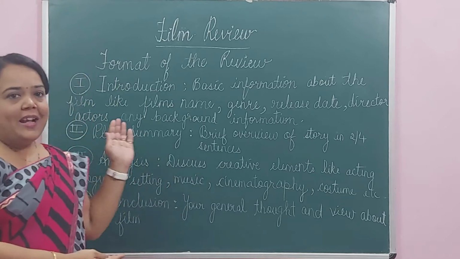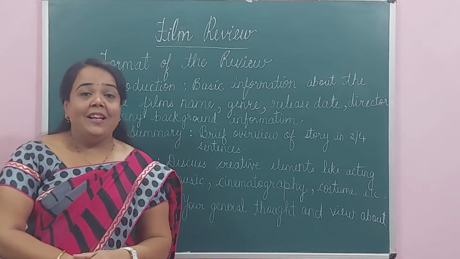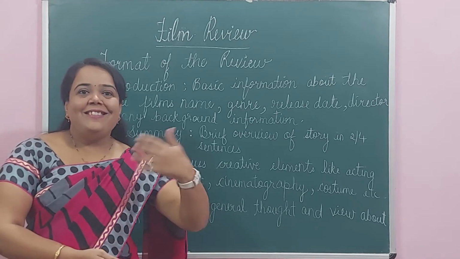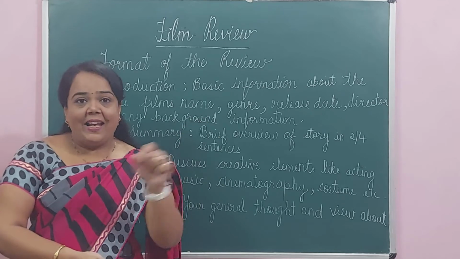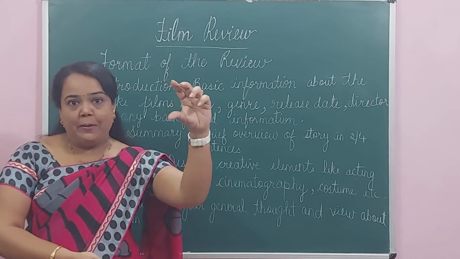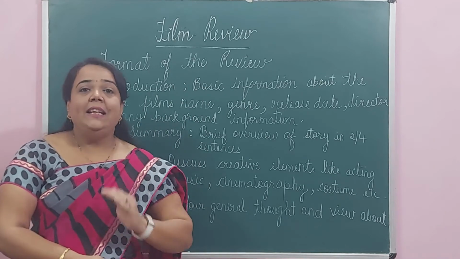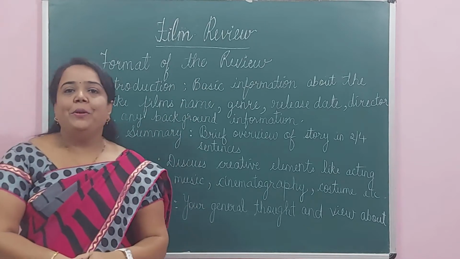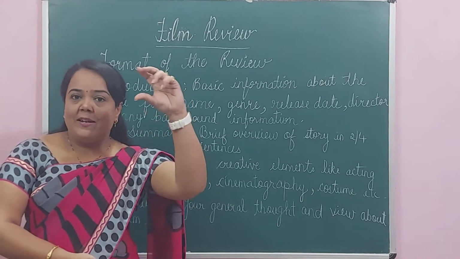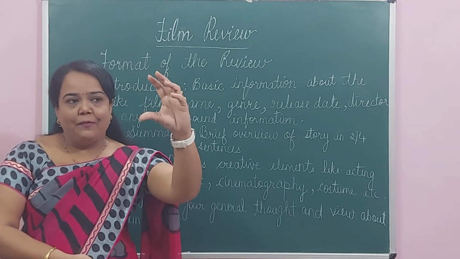Then director, like if I'm mentioning Mission Mangal, I can say that it's the debut film of the director, because it is his first film. So you can highlight and mention. And as I said, don't write the points, only make a paragraph. You can just underline the name of the director, the release date, and some specific background if you are providing. Mention the important characters. So this is the first paragraph where you have given this information.